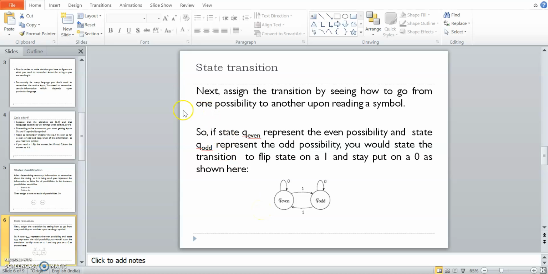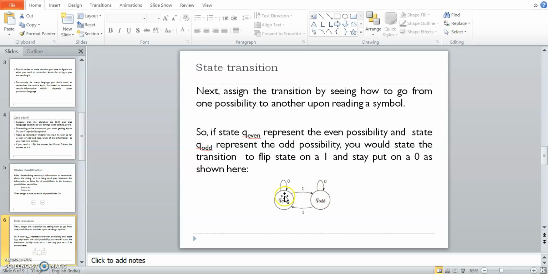Next, assign the transitions by seeing how to go from one possibility to another upon reading a symbol. If state Q even represents the even possibility and state Q odd represents the odd possibility, you would set the transition to flip the state on 1, and stay put on 0, as shown here.